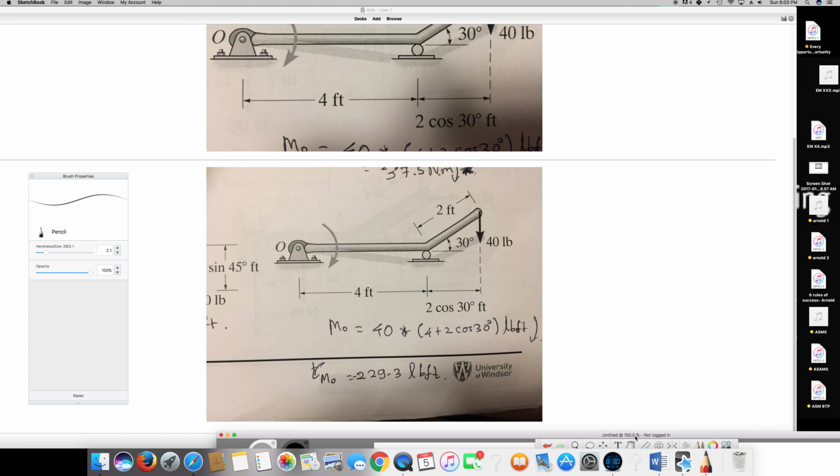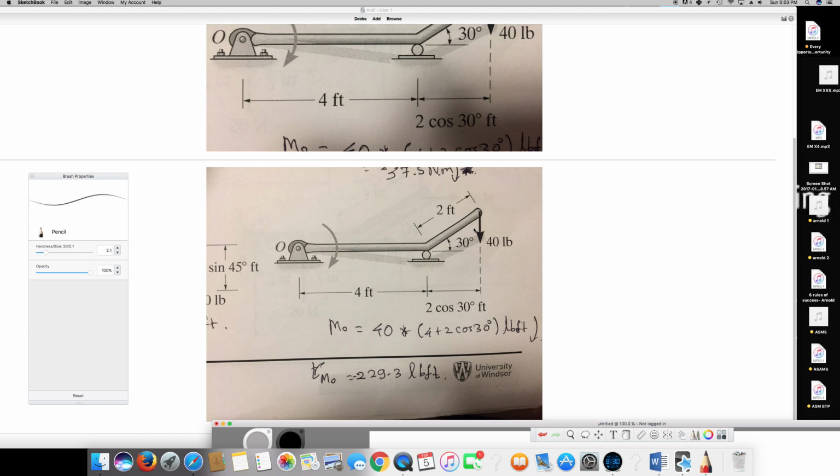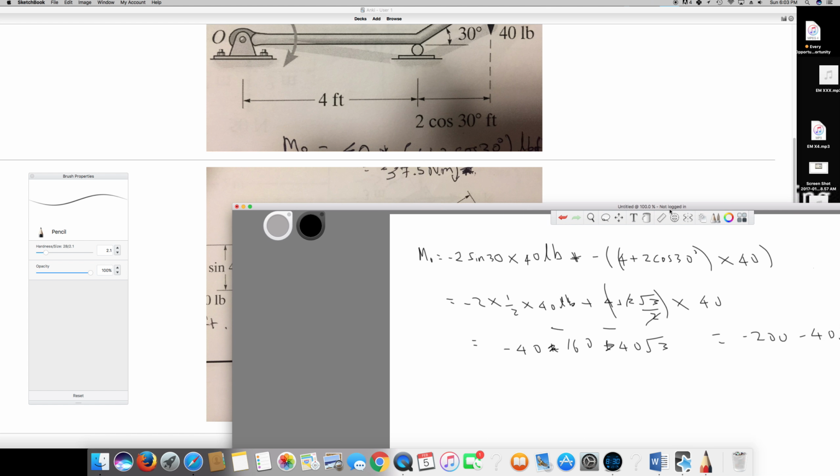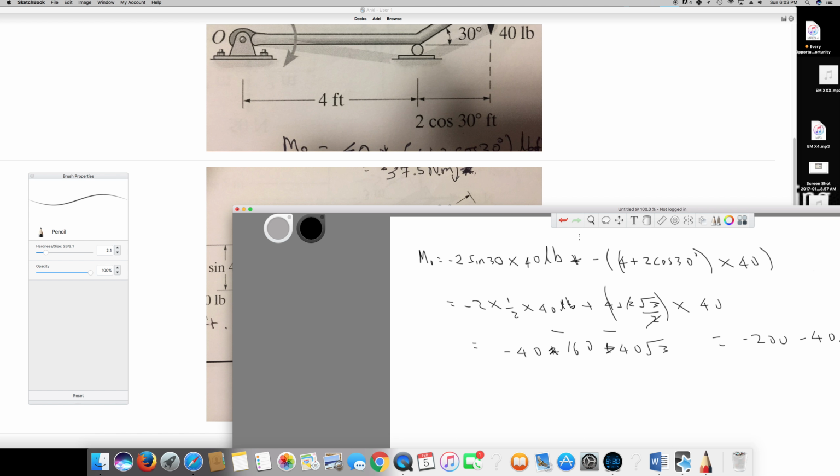Since this force is acting vertically, if I take the vertical direction, for example, I told you the vertical distance is 2 feet sine 30, right? And if the force is already acting vertically, this part is completely 0. So this is cancelled, forget about the 40.